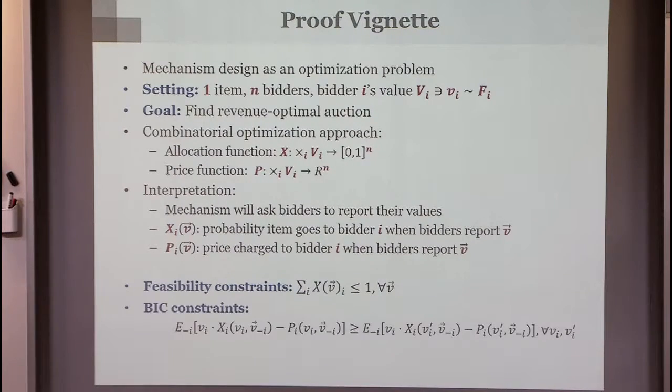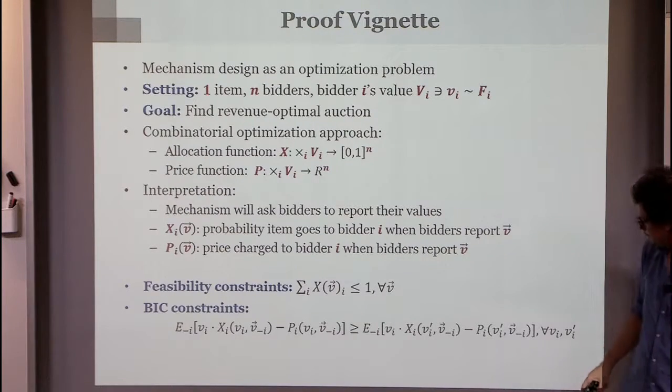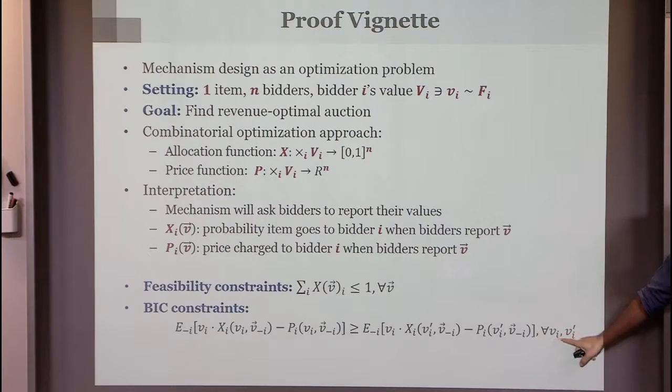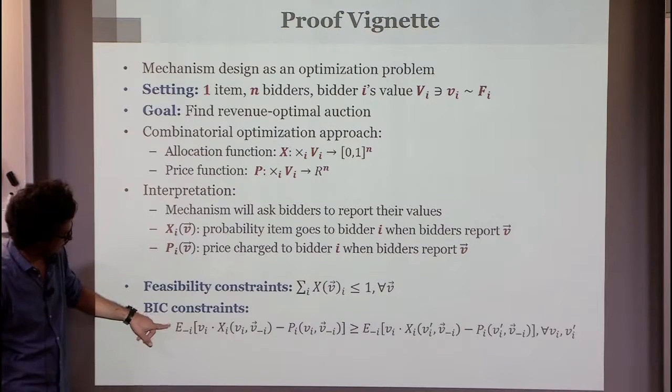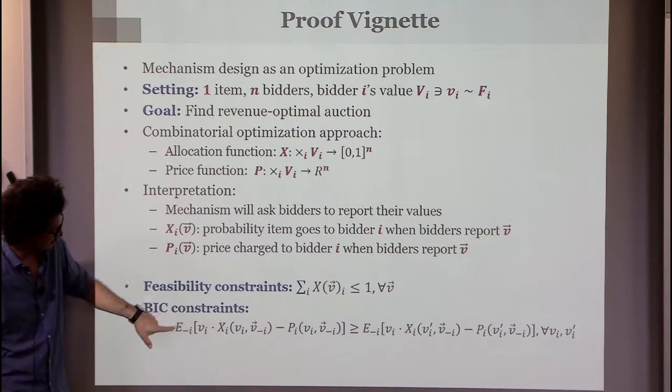I also have to make sure that I'm looking for a truthful mechanism, so I want to make sure that bidders are not going to misreport their values. And this constraint captures that. The quantification is for all pairs of possible values for bidder i. Bidder i takes an expectation over the values of the other guys.